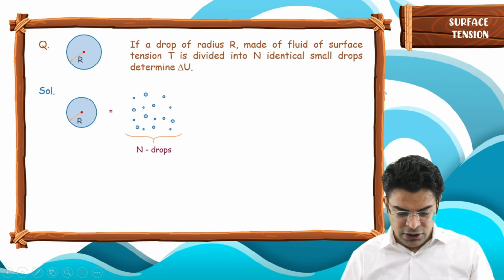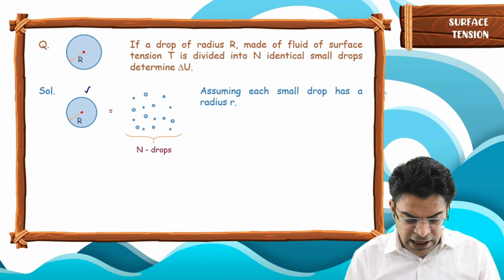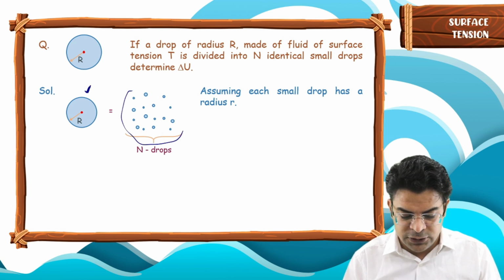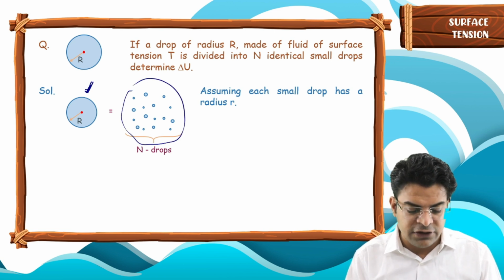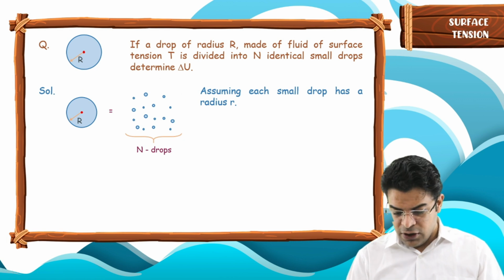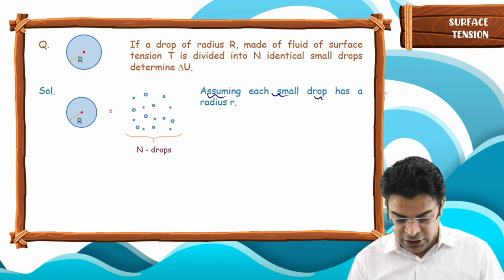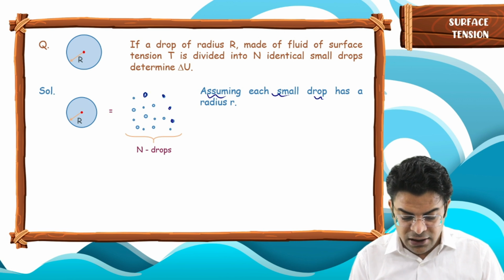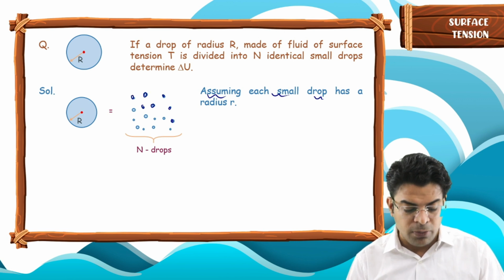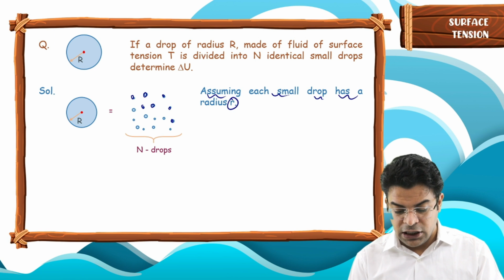So you will say the change in surface potential energy has to be equal to the final surface potential energy minus the initial surface potential energy. Now assume that each small drop here, they are identical drops, each small drop created here has a radius r.